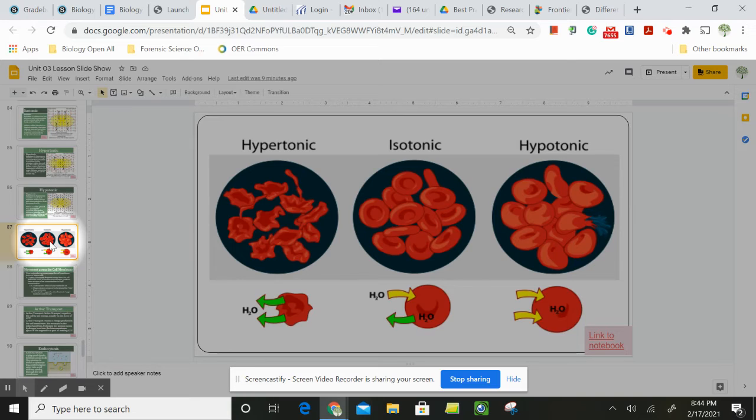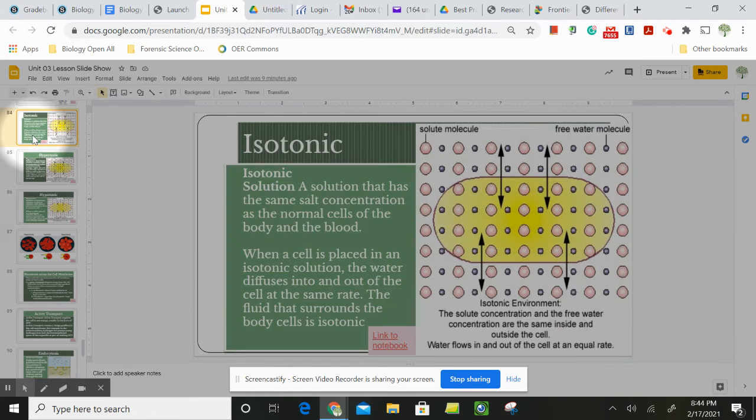And these images, I really think, help us to understand the relationship of solute concentration and water in regards to the cell. If we are in an isotonic solution, that's the just right solution. That's when the concentration on the inside and outside of the cell is the same.